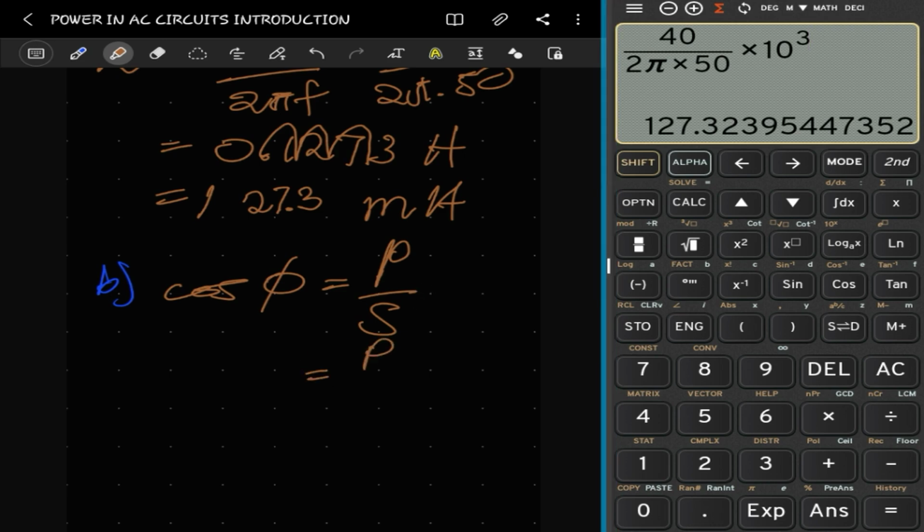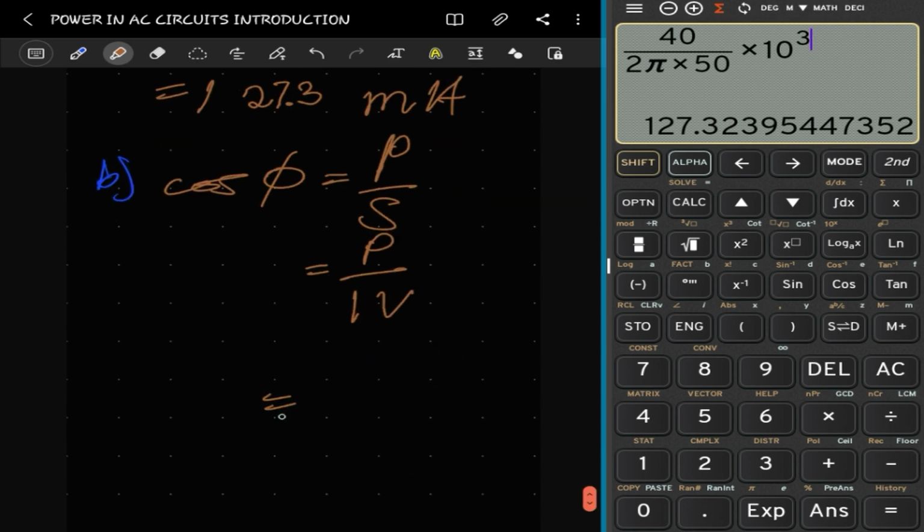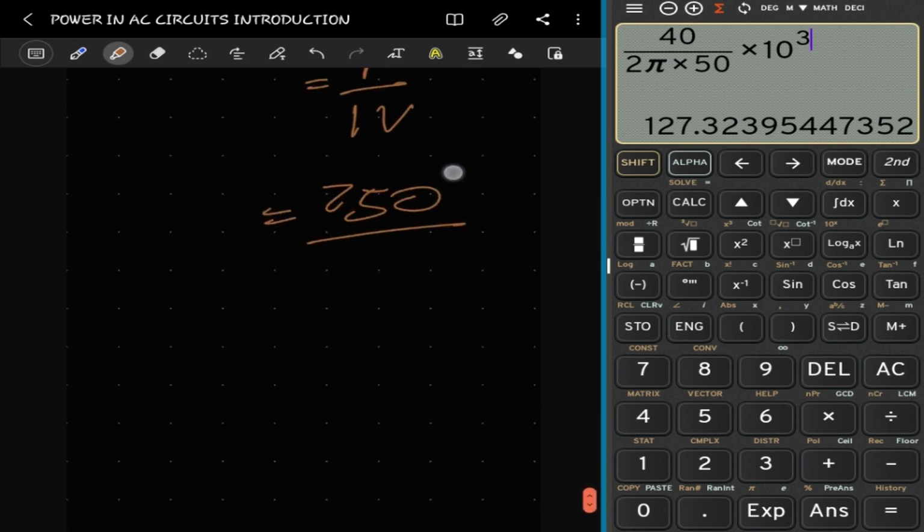We said we have power, but we don't have apparent power. But we know that one is just IV, the RMS value, which we've already been given. So let's see. And then we know power is what? 750. That's true power, active power, or just power. 750. And then I is 5.